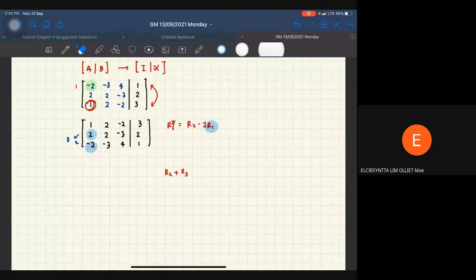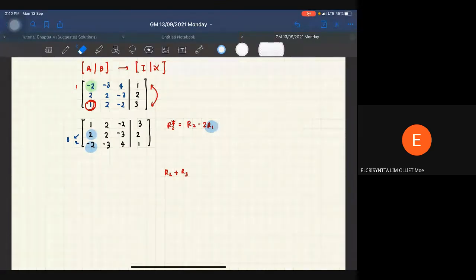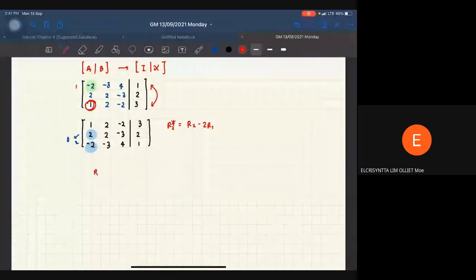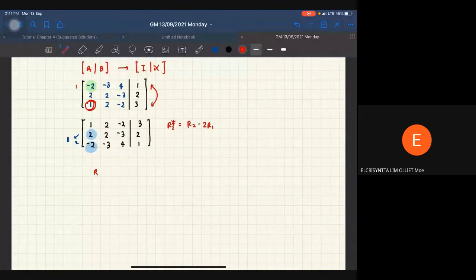So maksudnya kalau awak nak buat cara yang tadi, yang row 2 tambah row 3 tu, menarik. So maksudnya untuk row 2 yang baru, awak buat row 2 tambah row 3. And then untuk row 3 yang baru, awak just tambahkan row 3 dengan row 2. Macam tu ke?